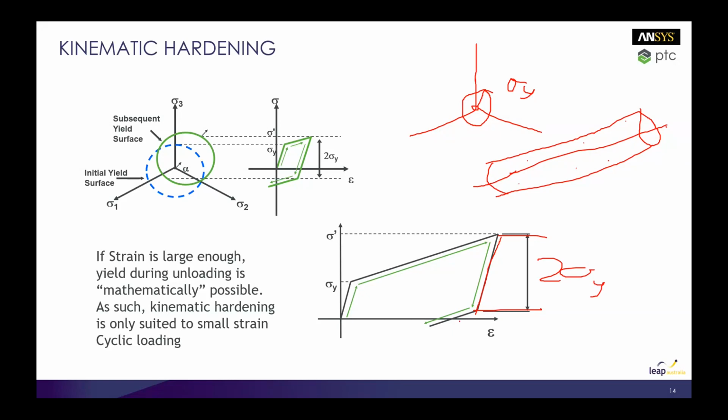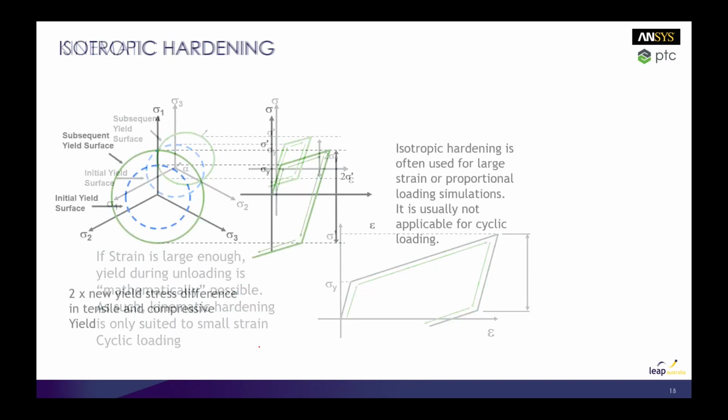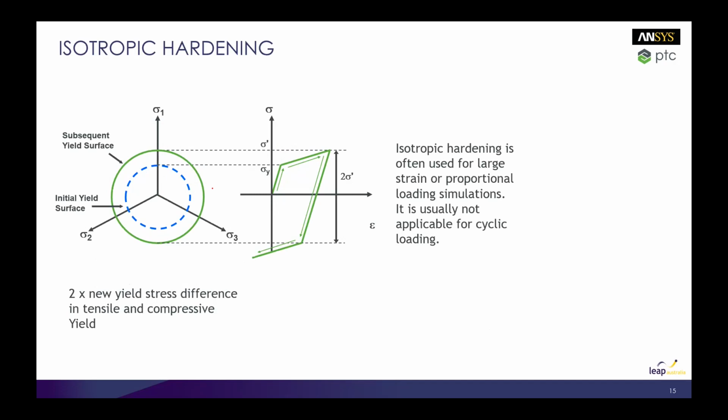That isn't physically possible. Mathematically it is, but physically it's not. So kinematic hardening is typically used for small strain cyclic loading. With isotropic hardening, when you yield in tension, your new yield stress in compression is 2 times the new yield stress.